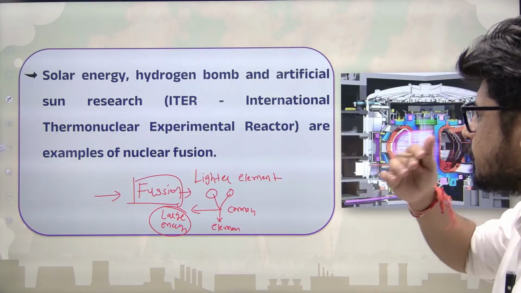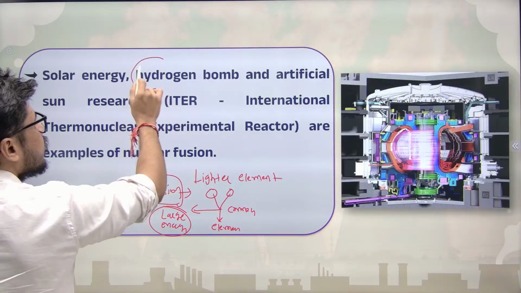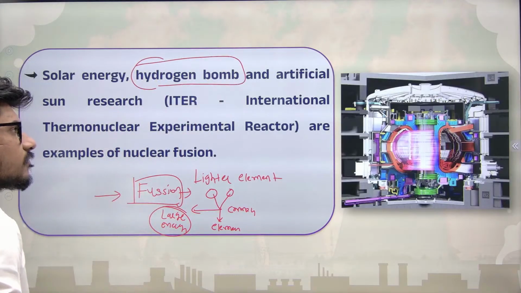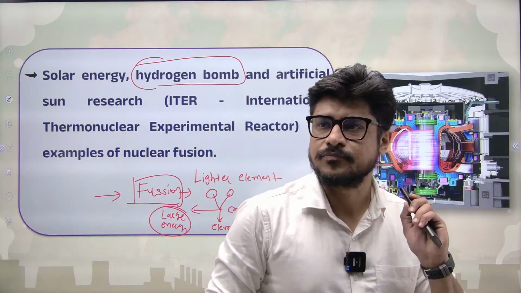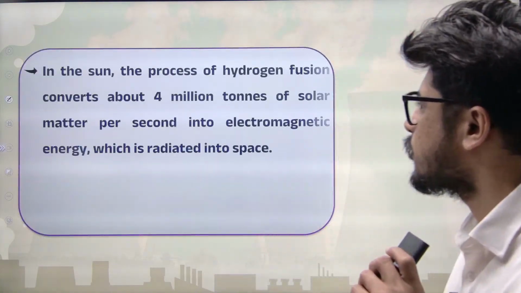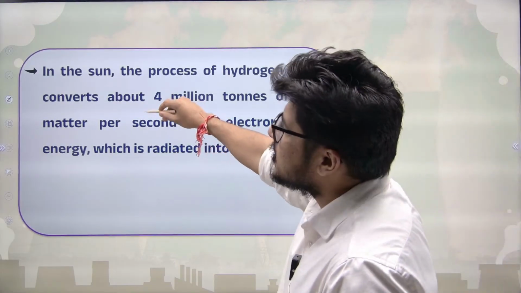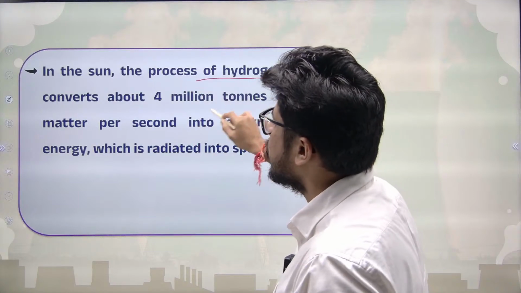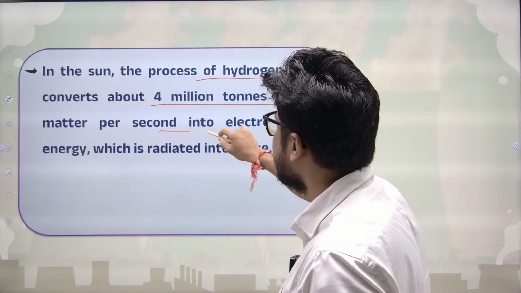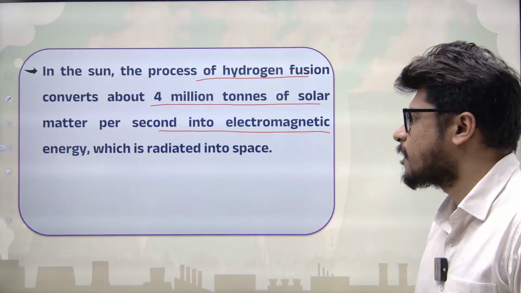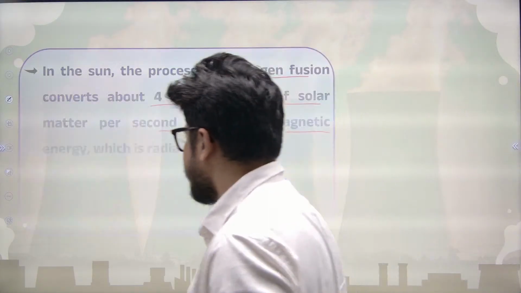And by this process, we have developed the hydrogen bomb. This is the nuclear fusion process. I have discussed this. In the sun, this process of hydrogen fusion converts 4 million tons of solar matter per second into electromagnetic energy, which radiates into space. Obviously, this is the process.